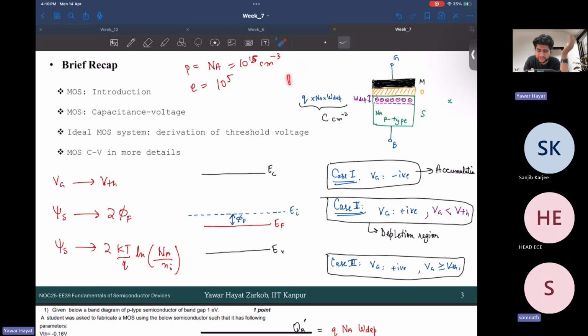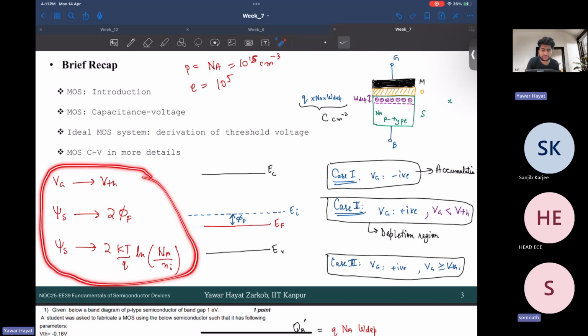The moment it touches 10 to the power 15, that corresponds to some value of gate voltage. That particular gate voltage value would be the threshold voltage. That is how it's defined. In terms of surface potential, this is how it manifests.